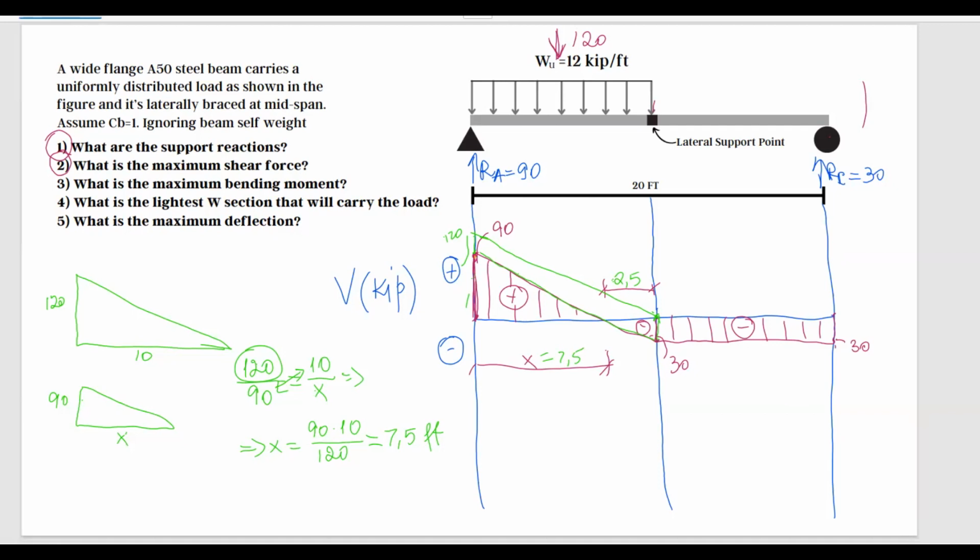So the area for this first triangle, I'm going to say area 1 equals 90 multiplied by 7.5 over 2. Right?